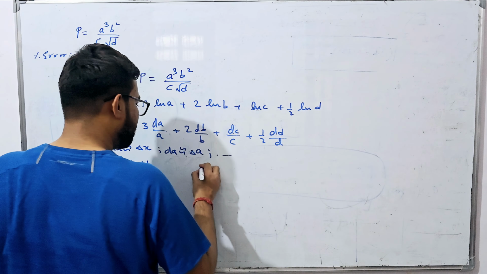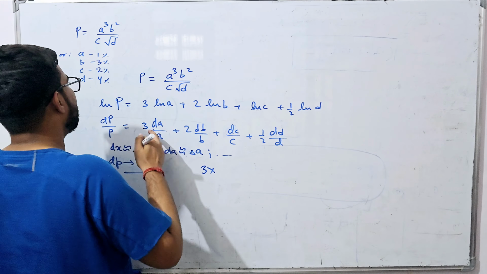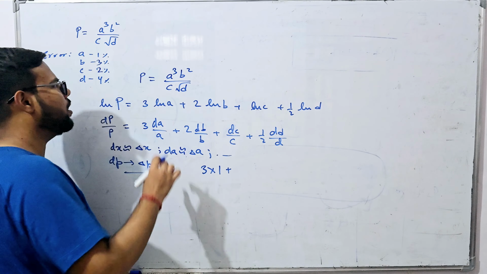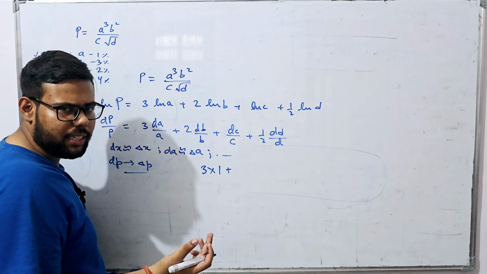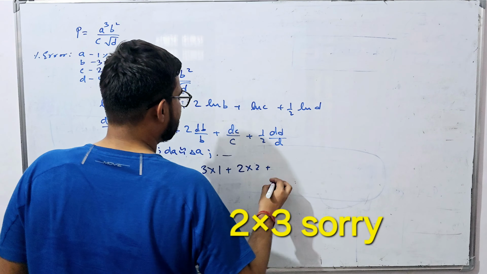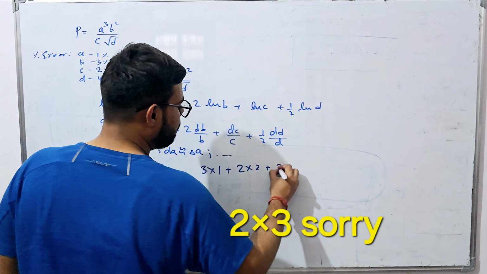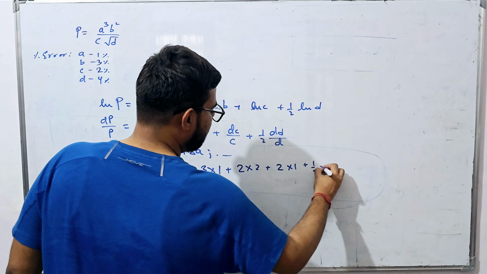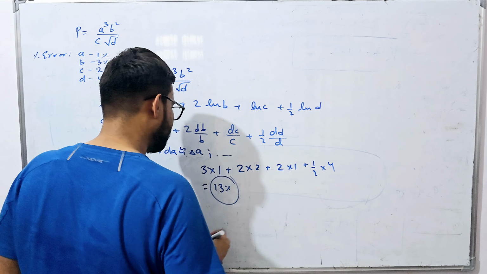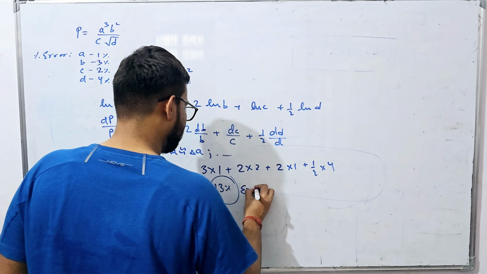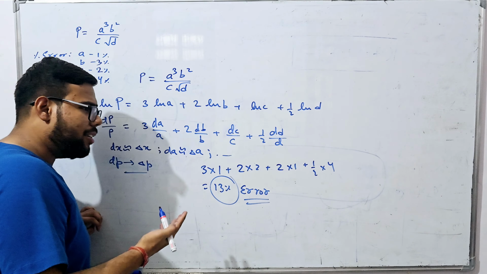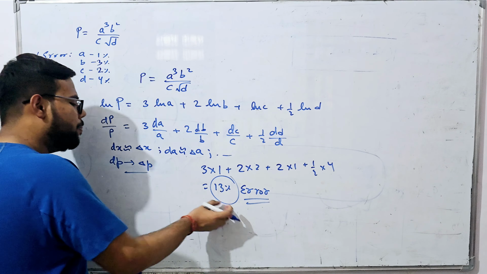Now we are going to do 3 times dA by A is 1%, plus of course we are going to multiply by 100 both sides to get the percentage. I'm leaving that step because you know it, okay? 2 into 2 plus we are going to get 2 into 1 plus 1 by 2 into 4, you get simply 13%, right? So the error in P is 13%, right?